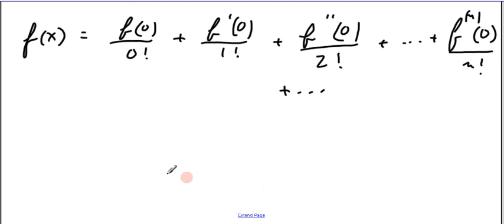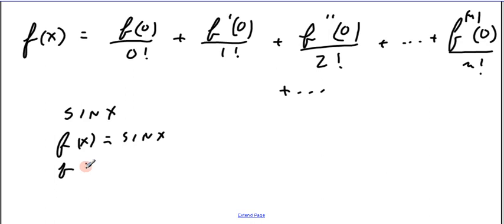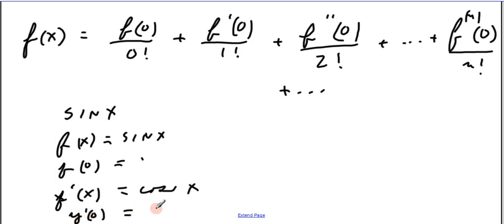So we use the Taylor expansion, and we're going to look at sine x. There's my function, and we find f of x is sine x, and f at 0 is 0. And we look at f prime of x, and we see that that's cosine x, and that f prime at 0 is 1.